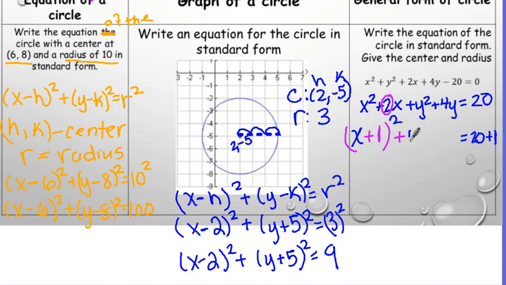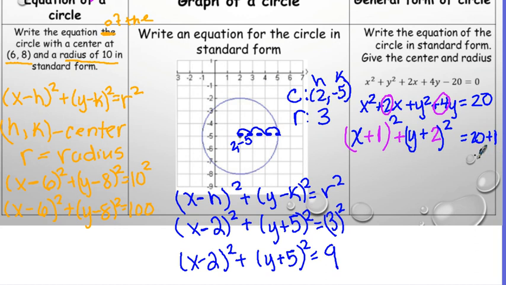Then I'm going to put this y back. And I'm going to put parentheses. I'm going to keep the sign that's there, plus. I'm going to take half of 4, which is 2. And then that gets squared. And then 2 squared is 4.